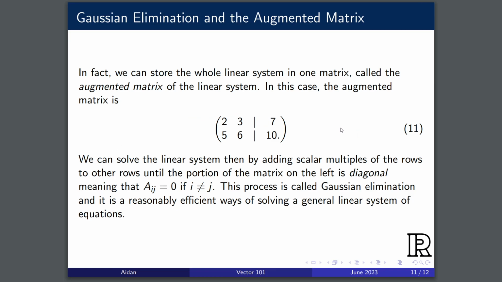There's a question in the chat. The question is, do linear systems happen to have been the base for why matrix multiplication seems so arbitrary? No, the definition of matrix multiplication comes not from linear systems, but from linear transformations. But also, yes, because linear transformations and linear systems are also related.